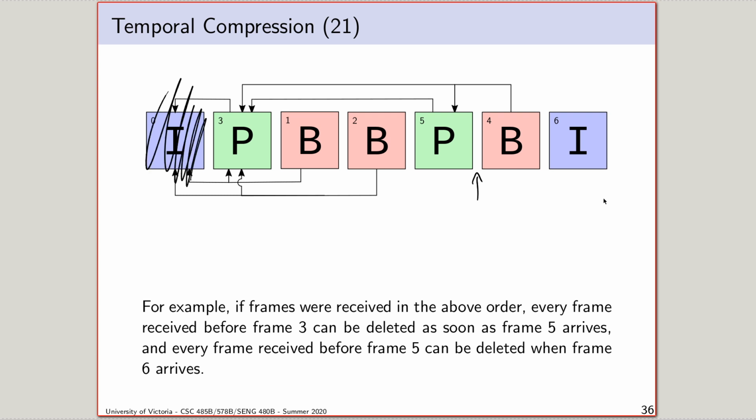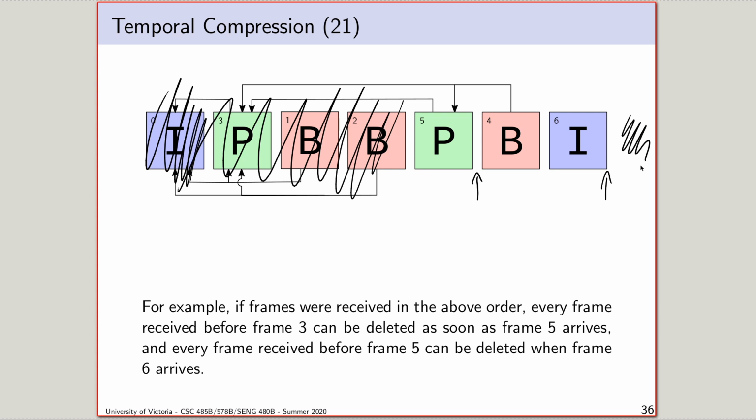And as soon as I get to frame 6, everything that I was saving from before frame 5 can be thrown away, because no future frame that comes in after this point could depend on anything other than these two. Although in this case, because frame 6 comes after frame 5, nothing would even depend on frame 5 at that point. And so actually there's also the rule that once the frames are back in order, once you begin to observe a monotonic order again, you can throw away everything from before the oldest P frame or I frame that you have.